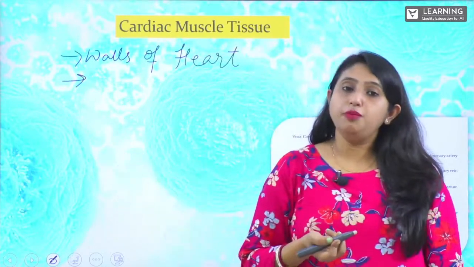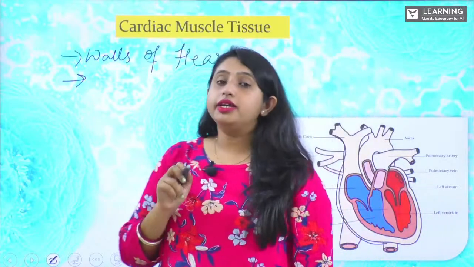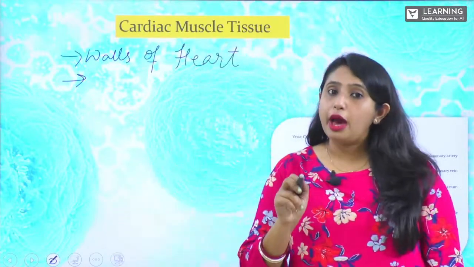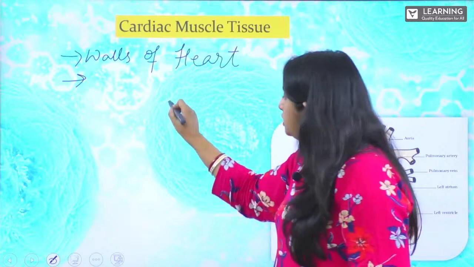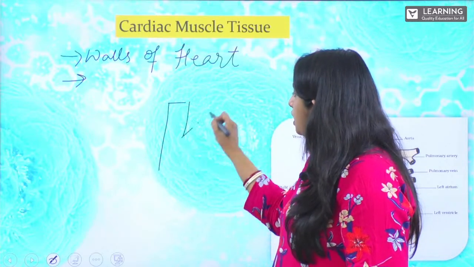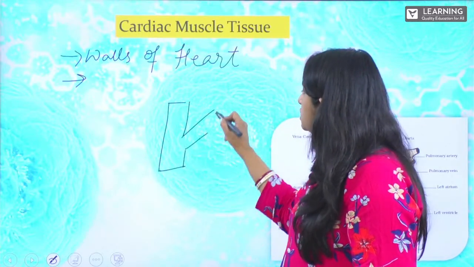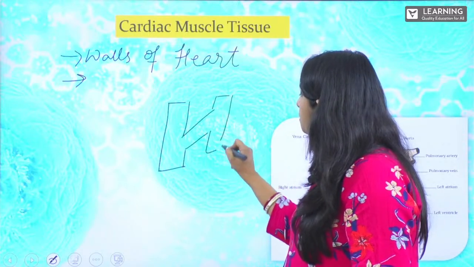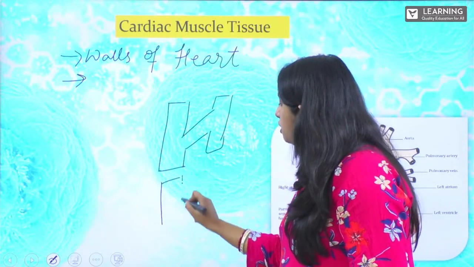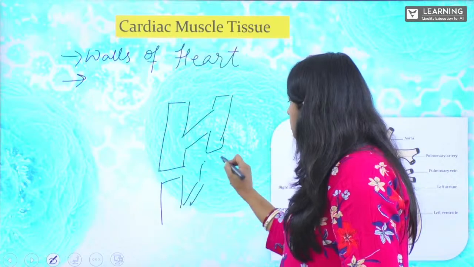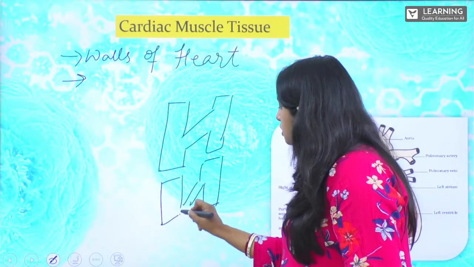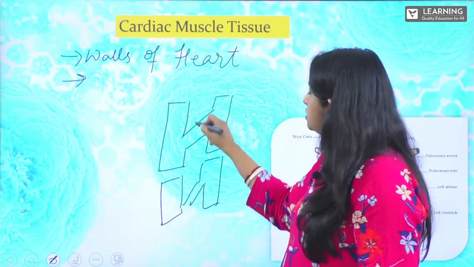Next, this type of tissue is connected with the help of gap junctions. Are they branched or unbranched? They are branched, right? As you can see, these are the branches.